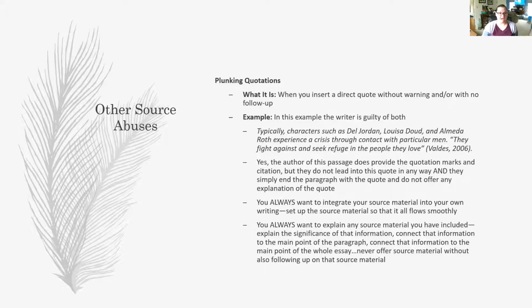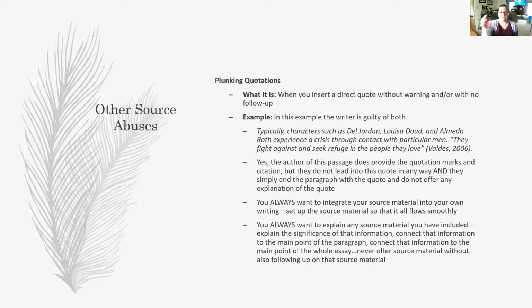You have to provide that. Basically, what we're saying here is there should never be a paragraph that ends with source material, that ends with a citation, because you should always be following up on that source material with your own explanation of it.